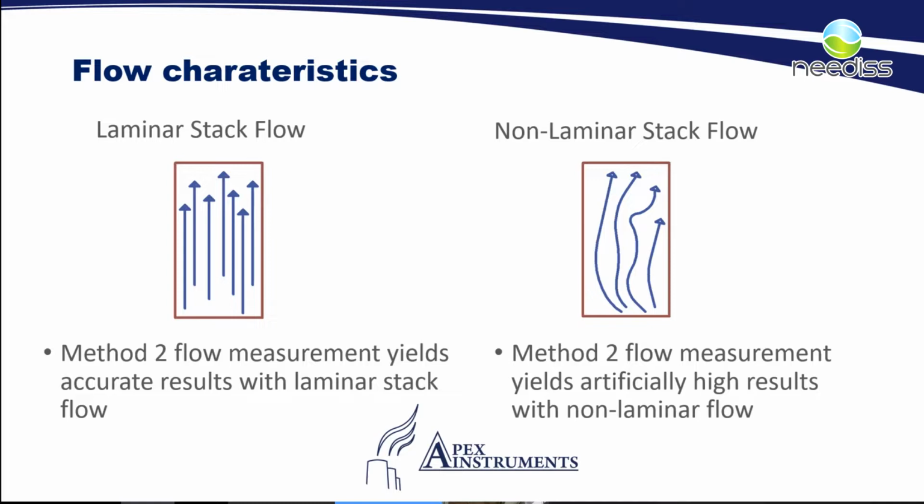And if we were to measure via a traditional method 2, as written by the EPA, using an S-type pitot, the probability is that it will yield us artificially high results with a non-laminar flow.